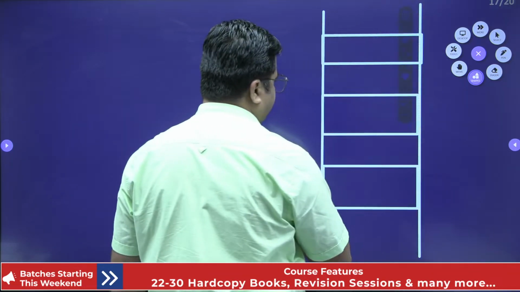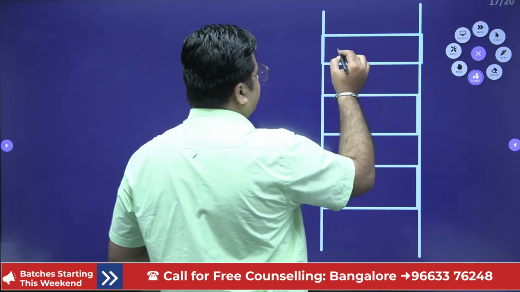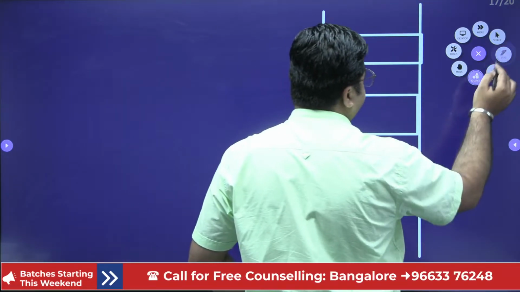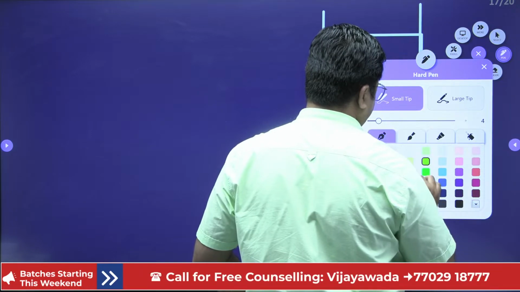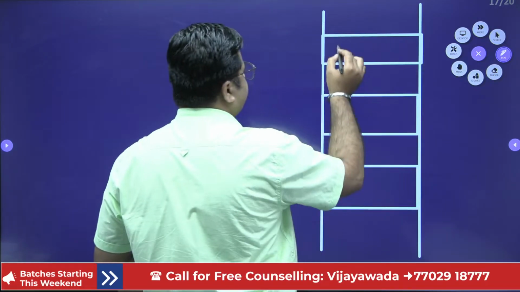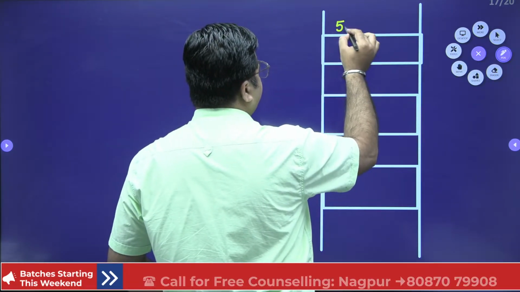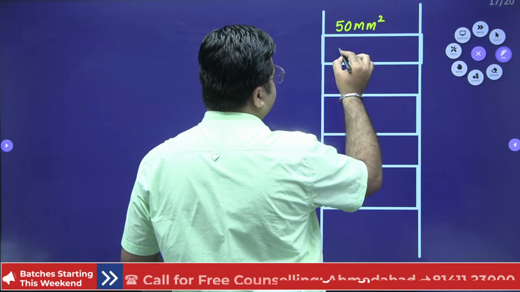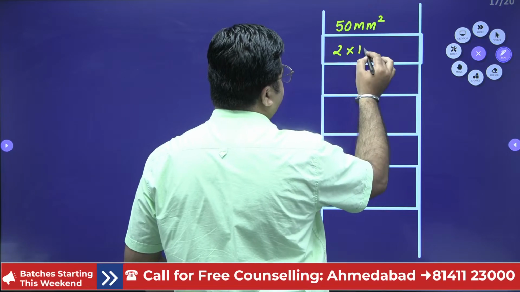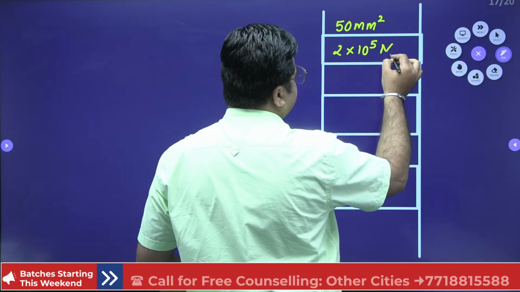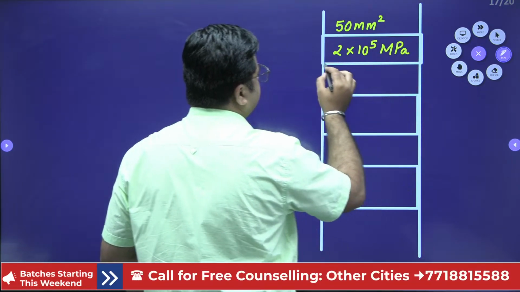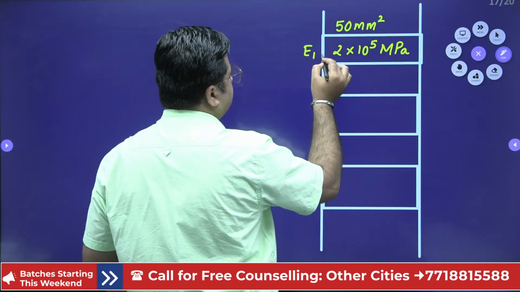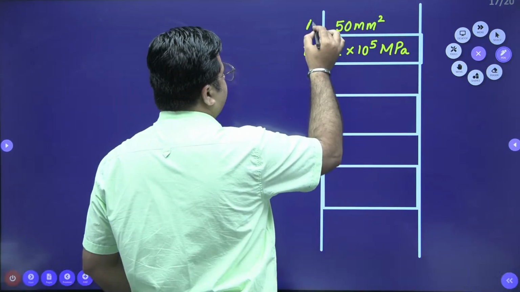They are connected by clamps, right? Area for first member is 50 mm square, and Young's modulus is 2 into 10 raised power 5 megapascal. This is E1 and this is A1.